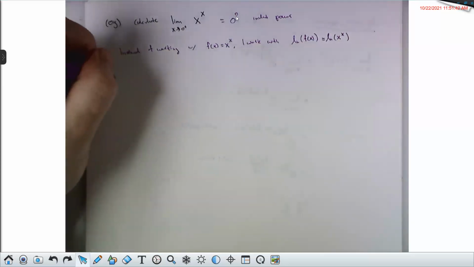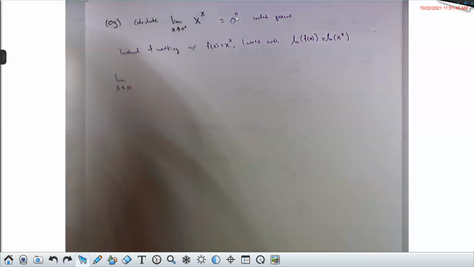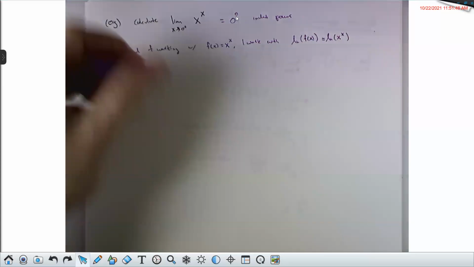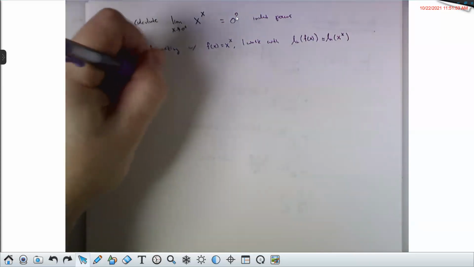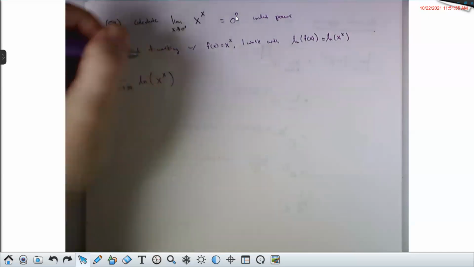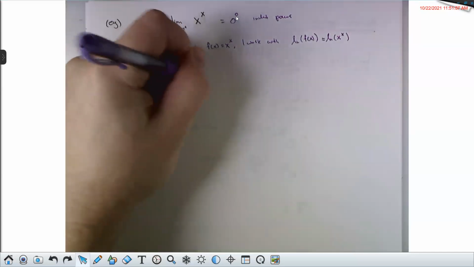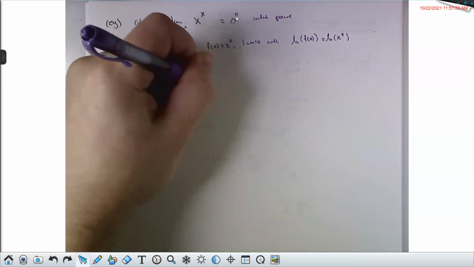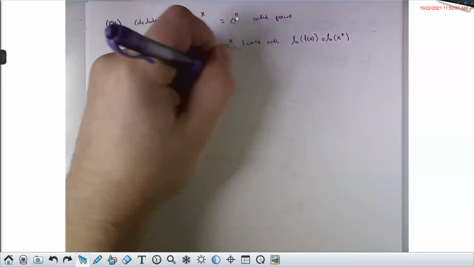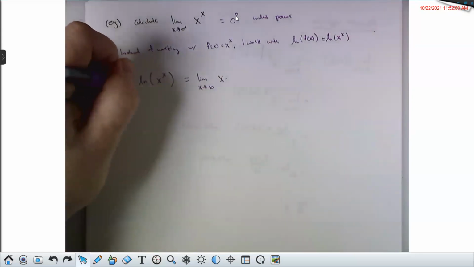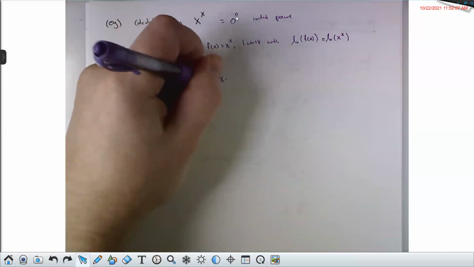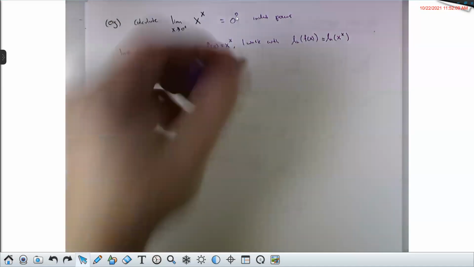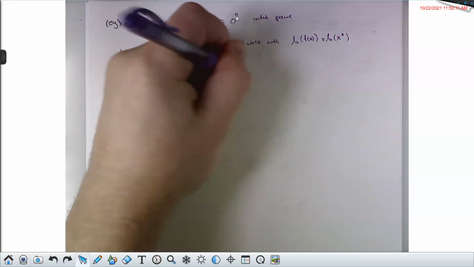So I'd say that the limit as x goes to 0 from the right of the natural log of x to the x is the limit as x goes to 0 plus of x times the natural log of x.